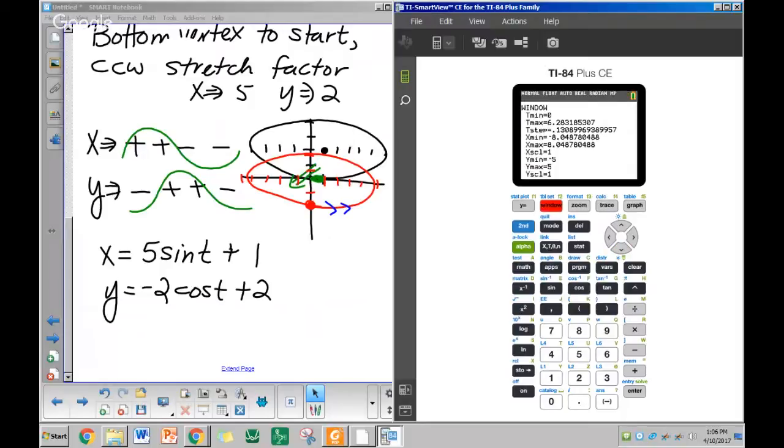So let's make this negative 8 to 8. And then let's hit graph. Did that work? Did it start at the bottom and then go counterclockwise? Yes. How cool is that?